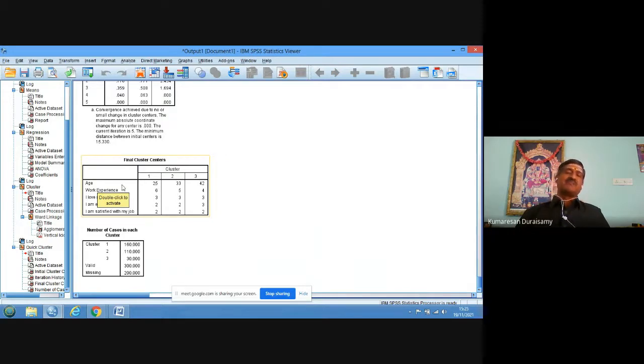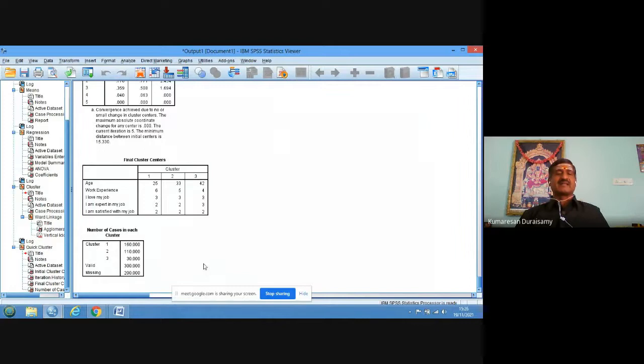The average of the employees in the second cluster is 33. And third cluster is 42. Similarly, experience. First cluster, average 6 years. Second cluster, average experience 5 years. Third cluster, average experience 4 years. These 3 are immaterial.